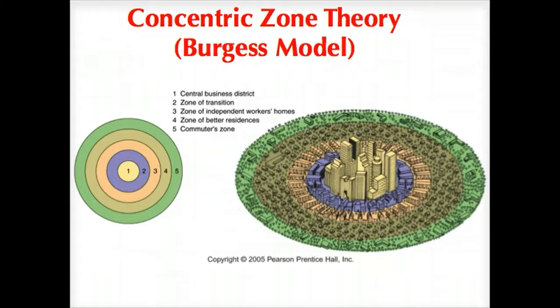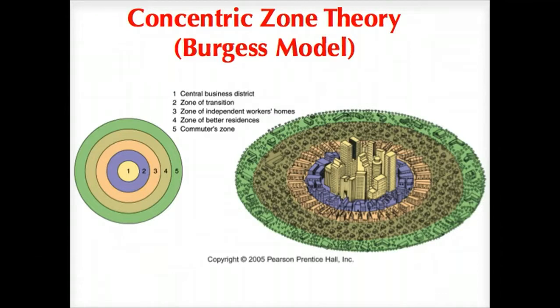The third ring becomes more single family independent working homes, where maybe you have blue collar working class families, new immigrants, singles, or people that don't have a family yet. You move beyond that, you get into more residential areas, and further yet into the fifth, the commuter zone.